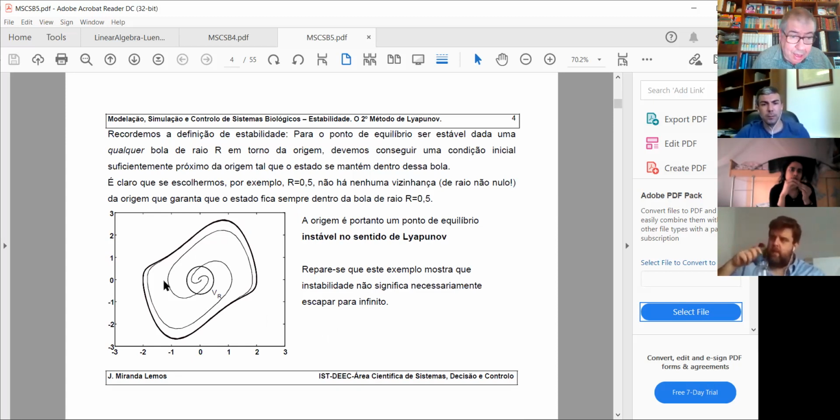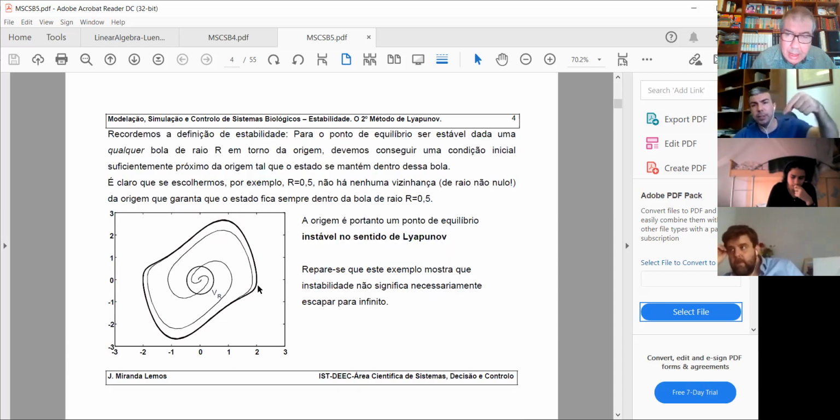But no, instability means that if you don't start exactly at equilibrium, you will go away, not necessarily to infinity. You see, it has this subtle definition. Any question?